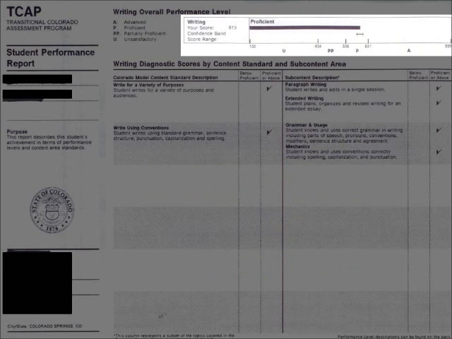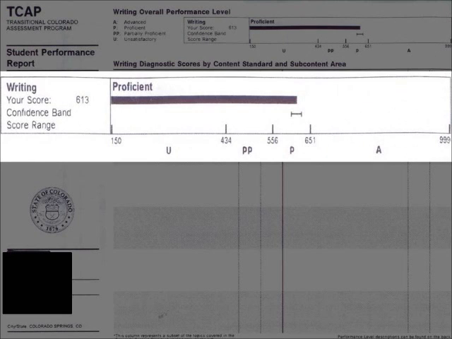This next screenshot shows you the actual score that this student scored on the writing component of the TCAP test. I've enlarged the score report just to make it a little easier on your eyes. If you notice, the same levels that I described earlier are now highlighted on the screen. You see unsatisfactory.